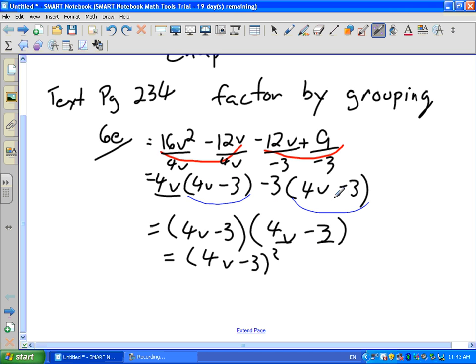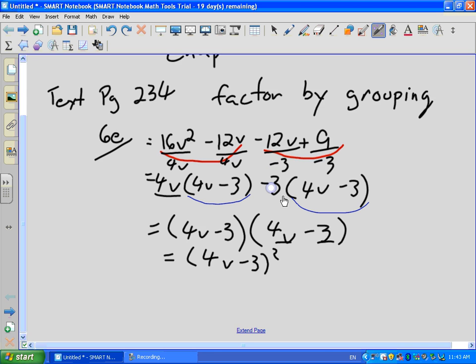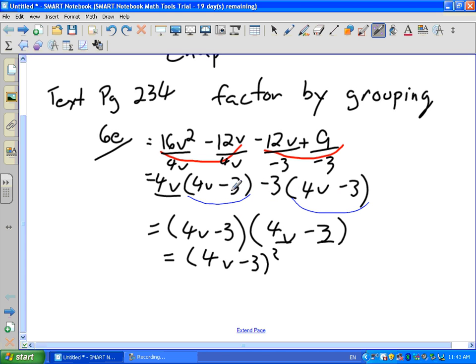I know the terms would have been the same, so I would have known I had to factor out a negative number in order to get the brackets to be the same. So if you factored out positive 3 instead of negative 3 here, you would have noticed the brackets would have been different, and you would have had to factor out a negative on top of it. Does that answer your question?